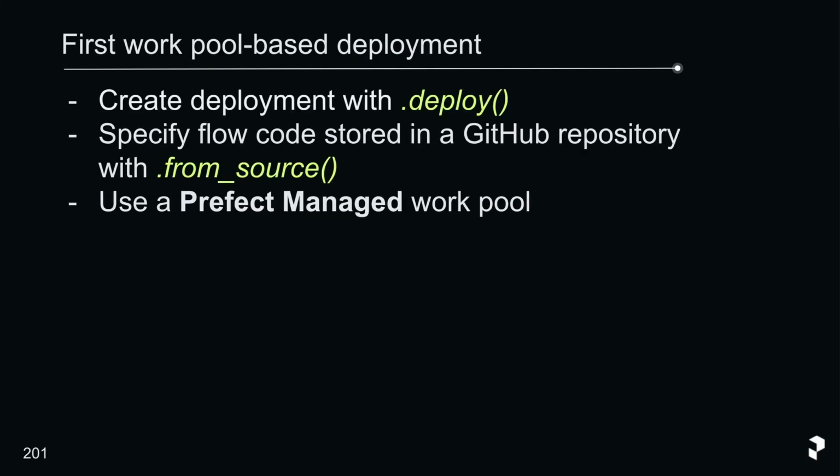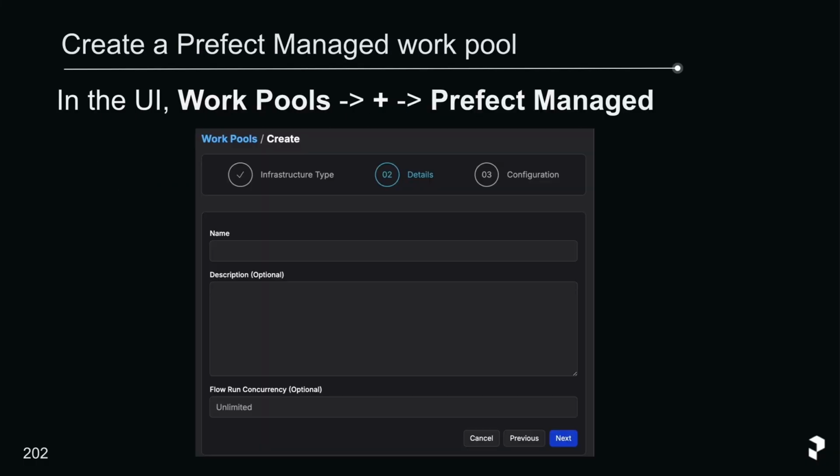To get started with work pool-based deployments, you can create a deployment using the .deploy method, so that's using the Python SDK, and you can specify flow code storage using the from source method. In this scenario, we're setting up a Prefect-managed work pool, so in the UI, what you're going to want to do is go to the work pools page, create a new work pool, and then choose the Prefect-managed work pool type.